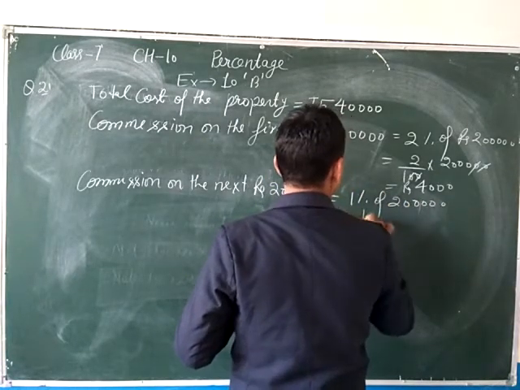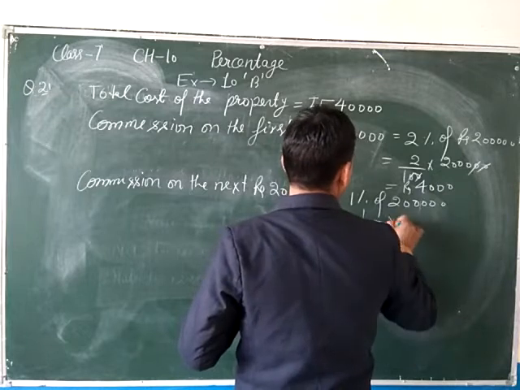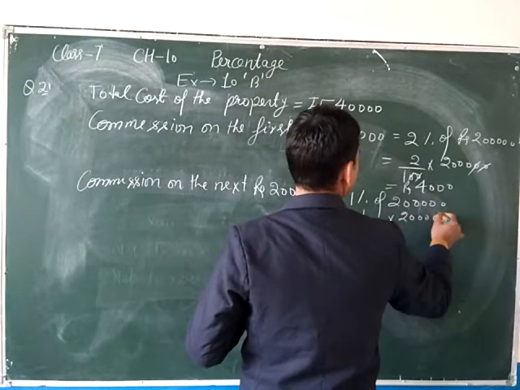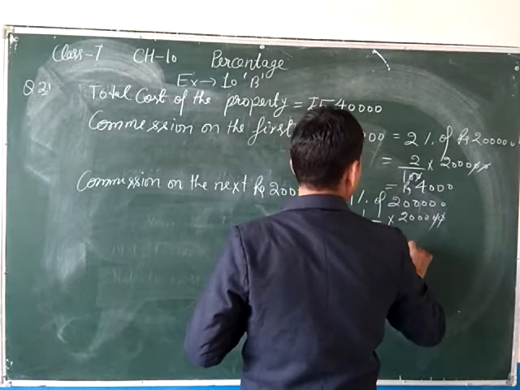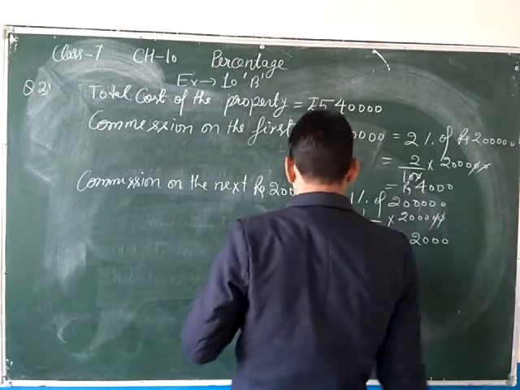So 1 upon 100 multiply 2 lakh. So beta, double zero cancels double zero. So remaining is 2000.